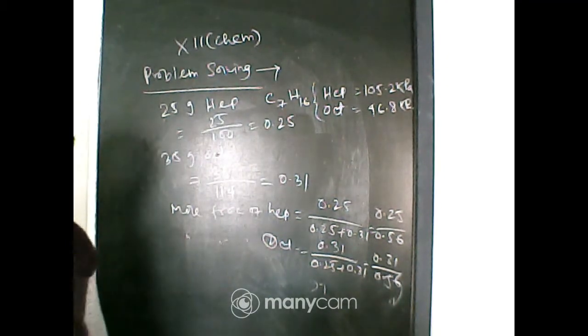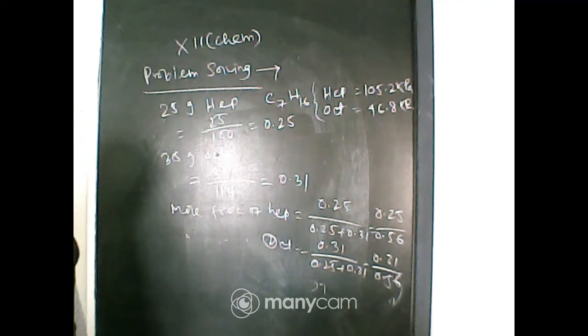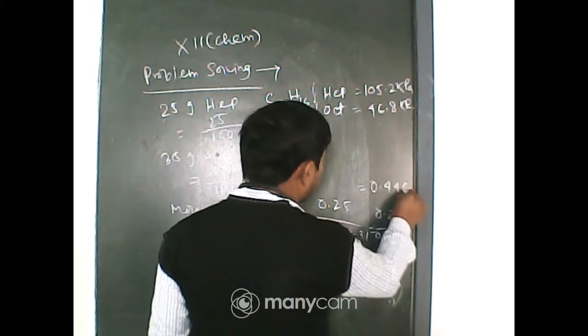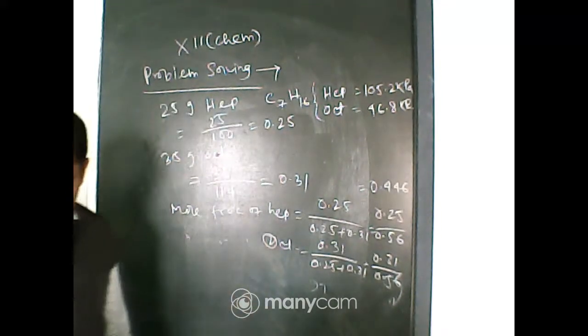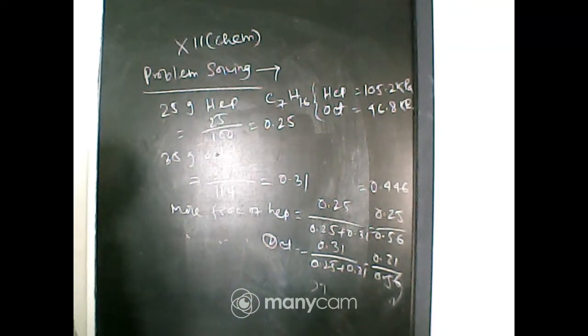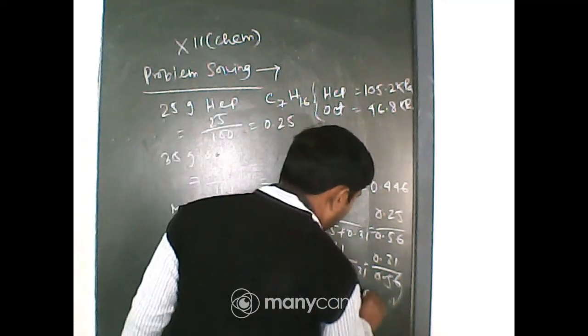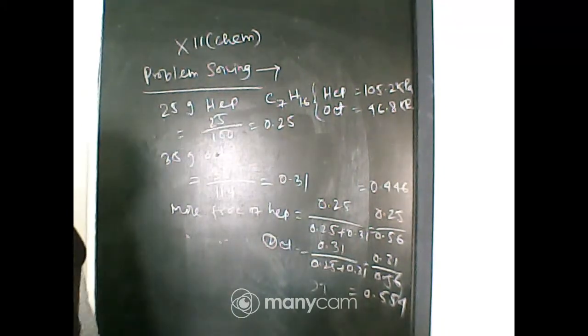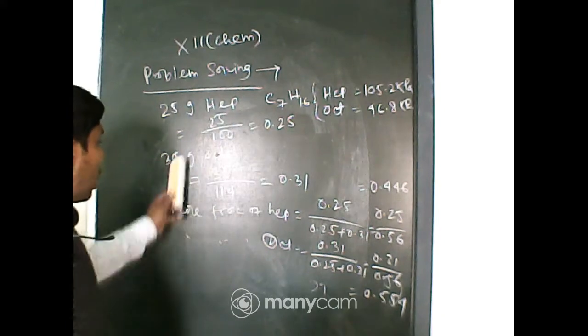If we simplify it, 0.25 divided by 0.56 is about 0.446, and 0.31 divided by 0.56 is 0.554. This is the mole fraction of heptane and octane.